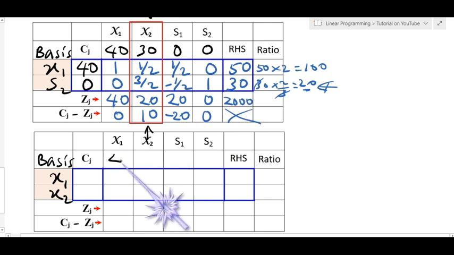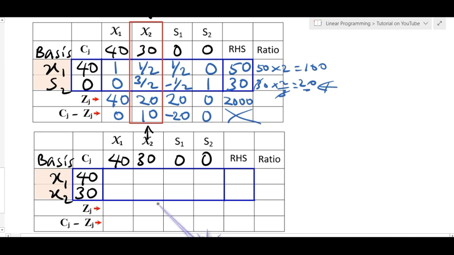Then X1 is here, the coefficient of X1 in our CJ row is 40, you write it here. Then the coefficient of X2 in the CJ row, you write it here as well.